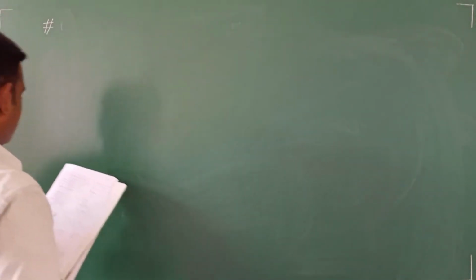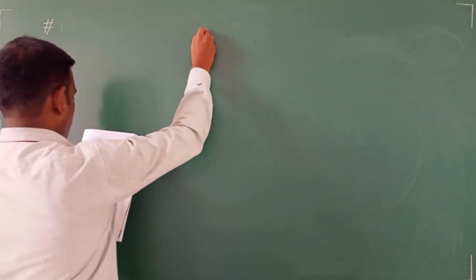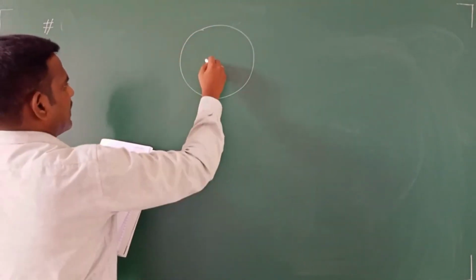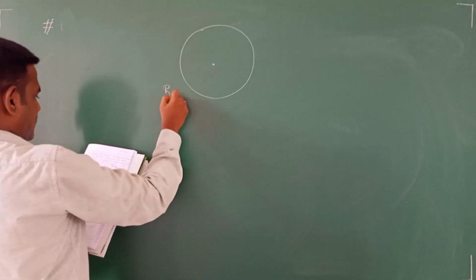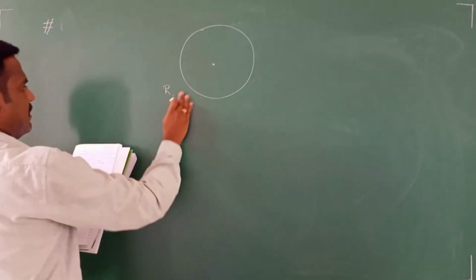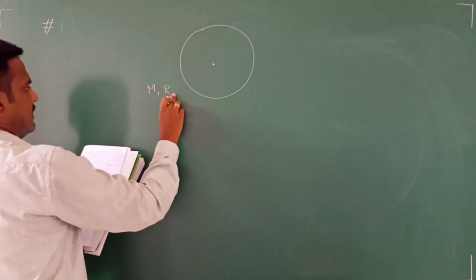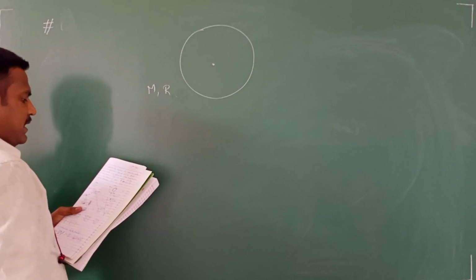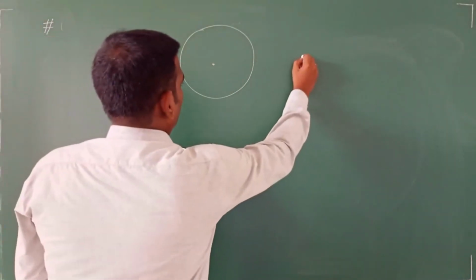Okay, so there is one solid sphere of radius capital R, and its mass is capital M. It's a solid sphere, and there is a point mass kept at a distance of 2R.